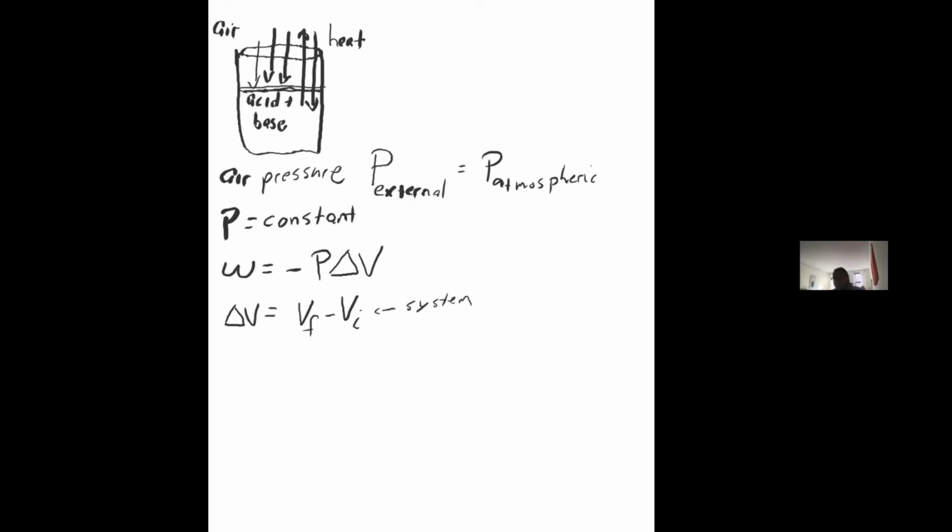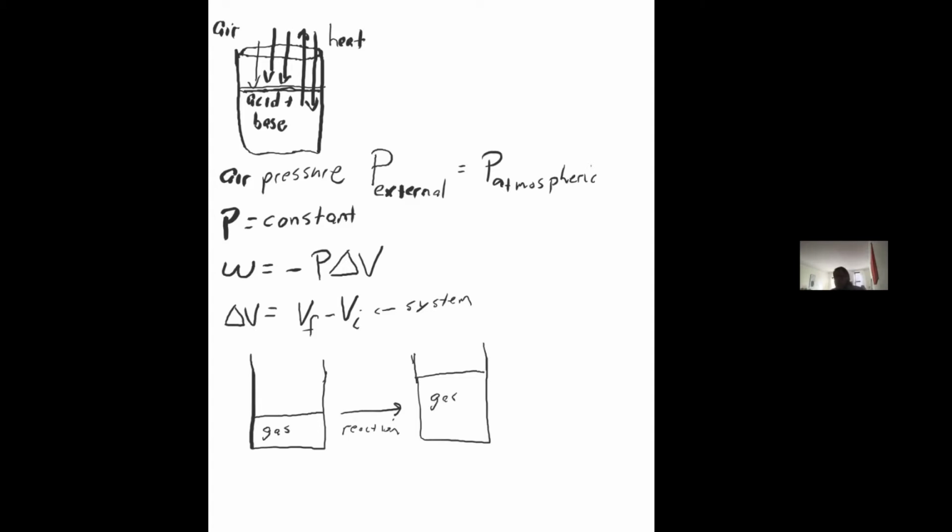So for example, if I have a container and you have a gas in there, could be more than one gas, we'll just say it's one gas for now. And then a reaction occurs or some sort of process, and now the volume changes. Obviously it's taking up more space.